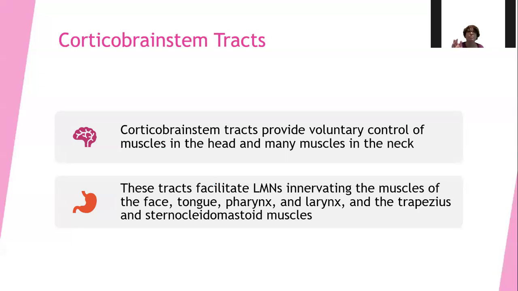Cortico-brainstem tracts provide voluntary control of muscles in the head and neck. So the cranial nerves largely come off the brainstem. They originate in the brainstem, and they are sort of like the peripheral nervous system for the face and head, if you want to think of it that way. The lower motor neurons are your cranial nerves.